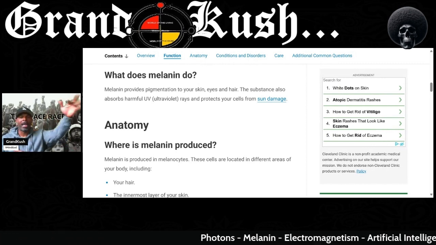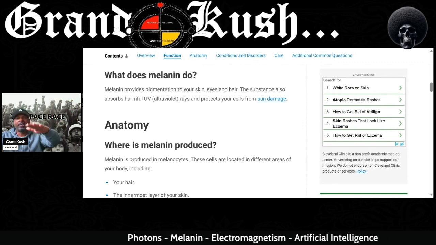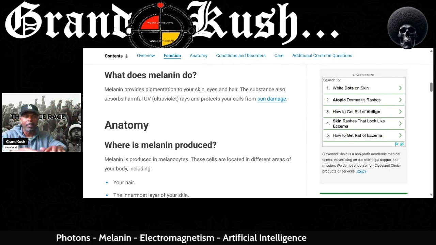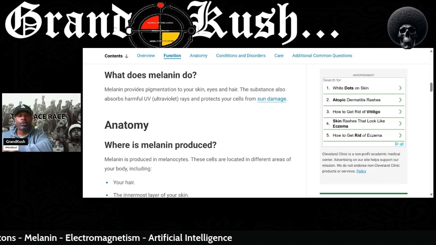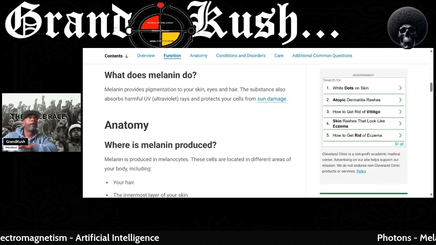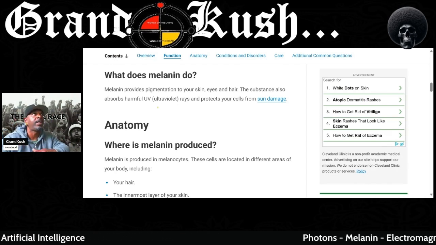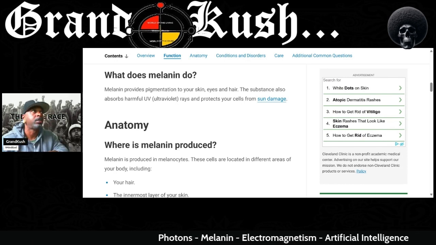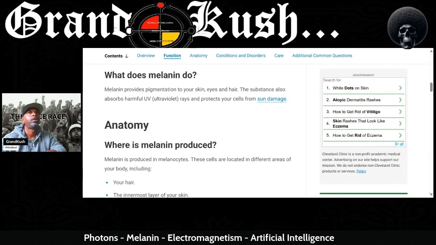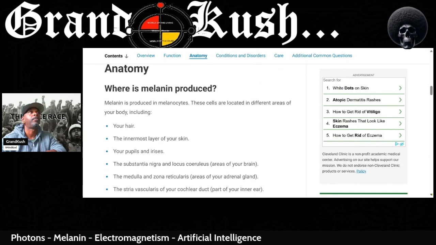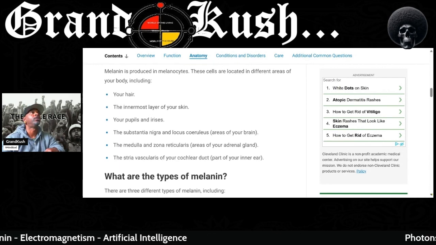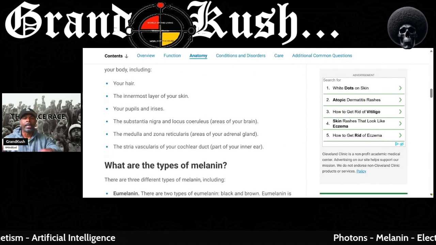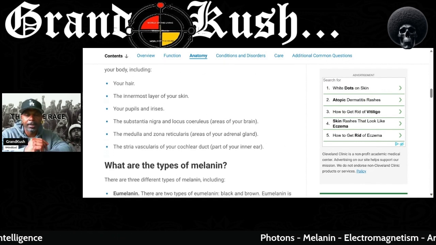Remember, it says we became identified alongside of the mankind races down through evolution, right? And so this definition in the way that is given, it doesn't apply to all of us. Your hair, your innermost layers of your skin, your pupils, and your irises.